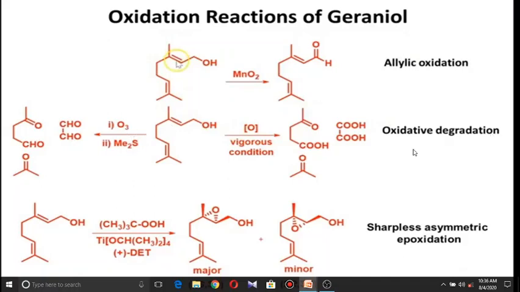Vigorous oxidative degradation yields levulinic acid, and further the glycol is converted into oxalic acid and acetone. It also undergoes Sharpless asymmetric epoxidation, and epoxidation takes place at this double bond, yielding two products, the major epoxide and the minor product.